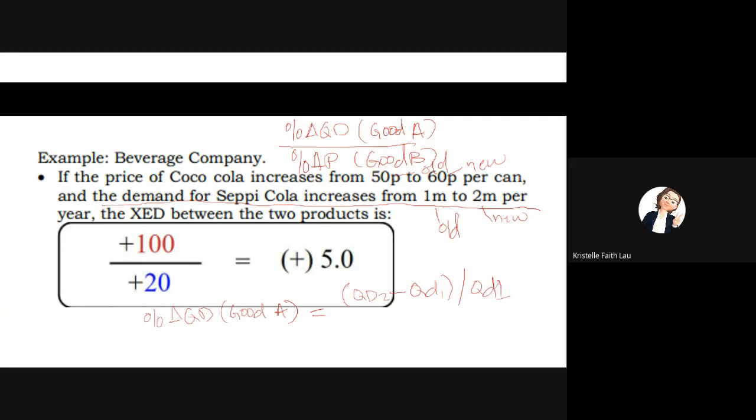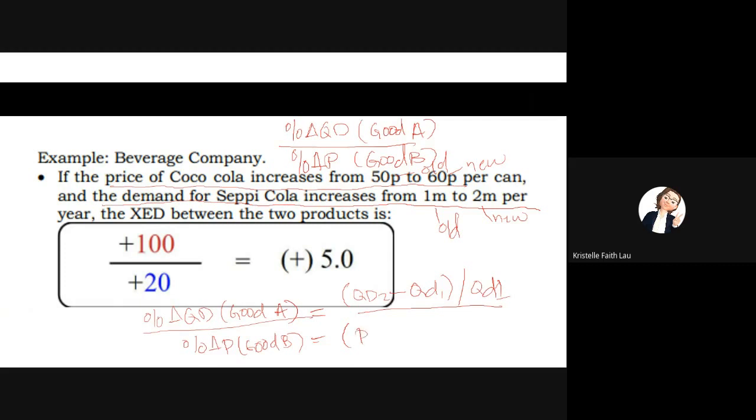Then for the percentage change in price of good B, ang gagamitin natin ay the price of cola that increases from 50 to 60.